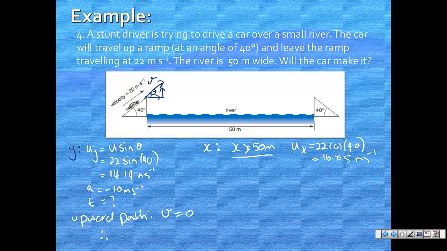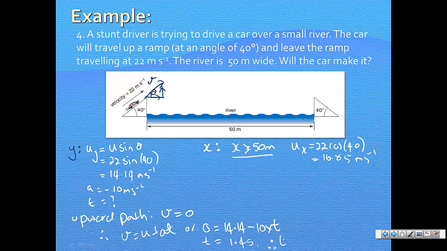So therefore, if I use v equals u plus at, or rearranging, then I can find the time, because what we'll be left with is 0 at the top. I've got the initial speed is 14 minus 10 times t. So t is going to equal 1.4 seconds. So therefore, if I know the time up, I also know the time for the whole path. So the total time would be double that, which would be 2.8.